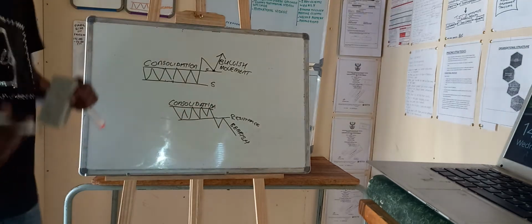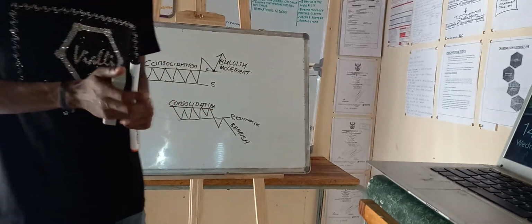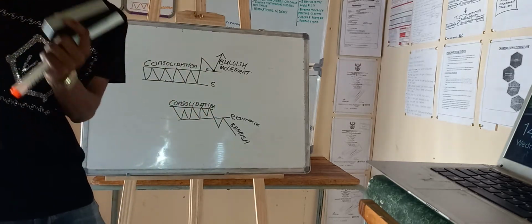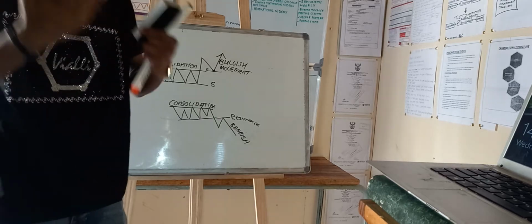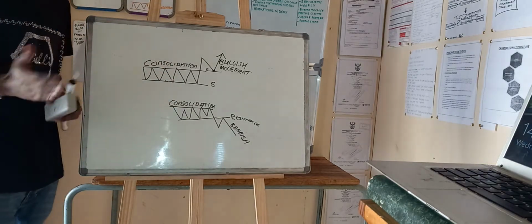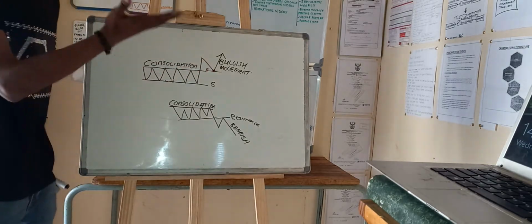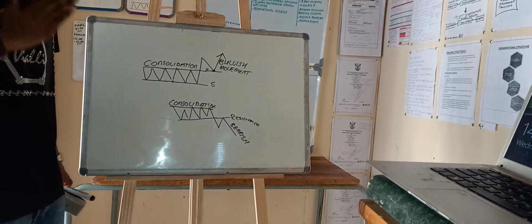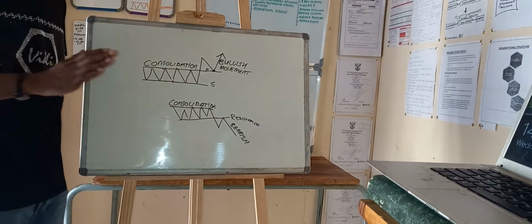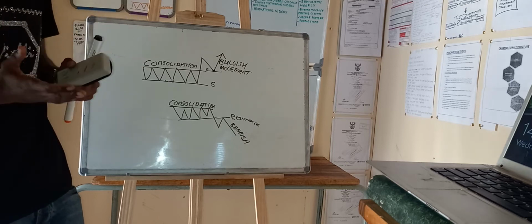When the market is consolidating, it simply means there's no breakout. It means the buyers and the sellers are at the same price. They have the same power or the same impact. No one is stronger, and no one is weaker. Both of them have the same pressure, right?